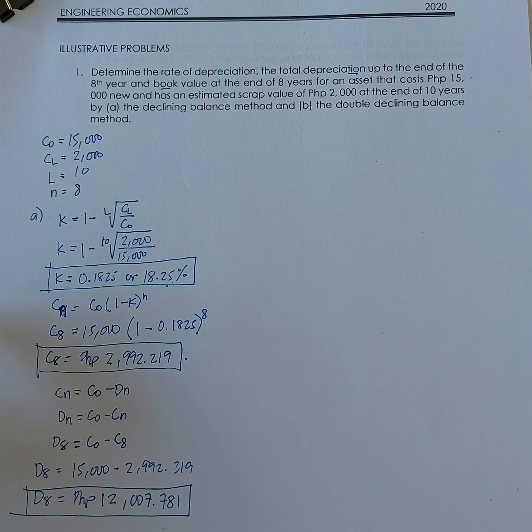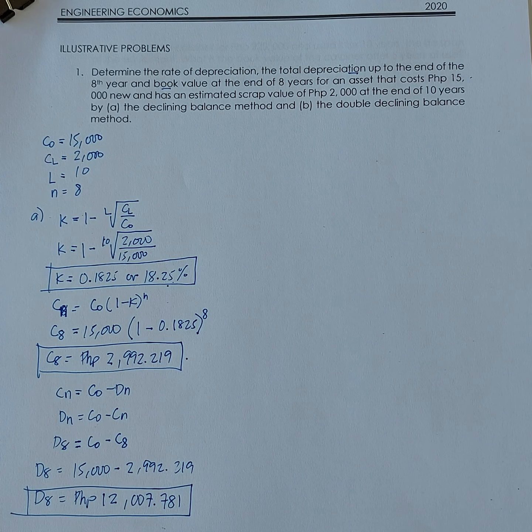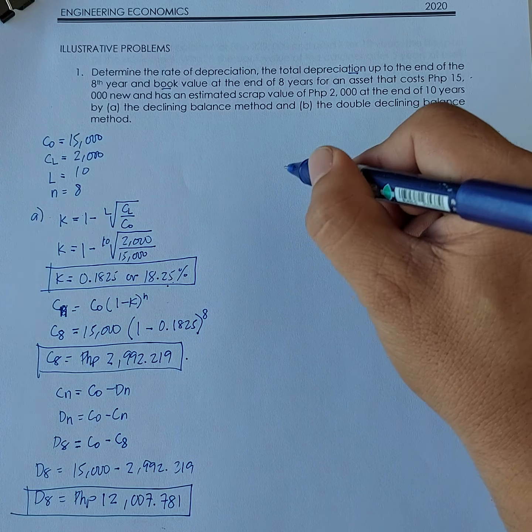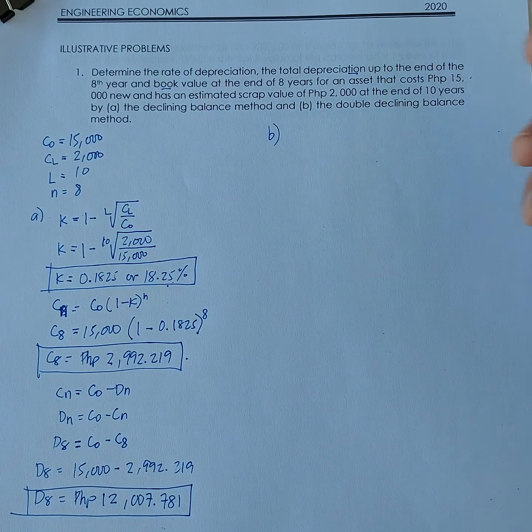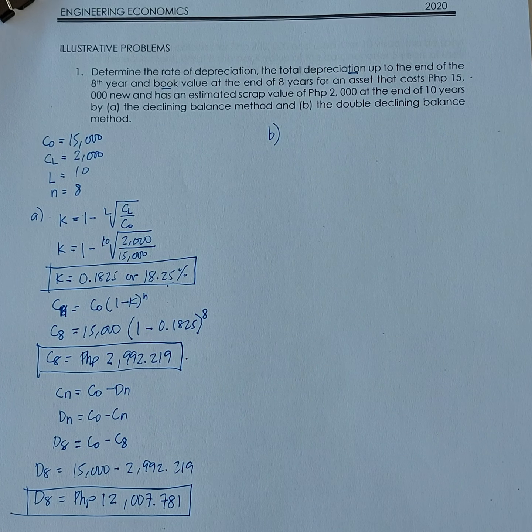using the declining balance method. Next, we also use the double declining balance method. Letter B. The difference from the declining balance method is the rate of depreciation.